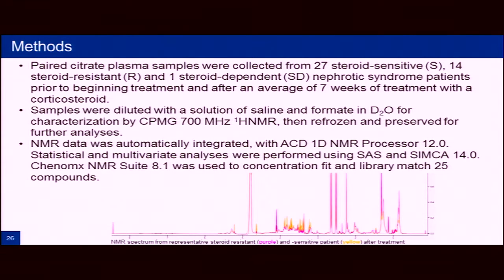And then the other kind of data I'm going to show you will be concentration fit data. So a number of these signatures that you see belong to one metabolite, and we will actually fit the signals in the spectra to determine a concentration. So that's the difference in the data I'm going to show you.